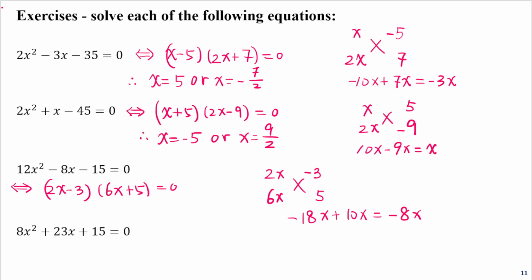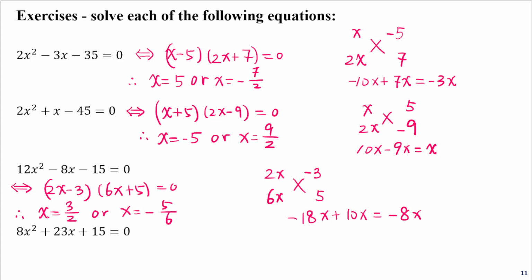So if you expand it, you will get 12x squared plus 10x minus 18x minus 15. Of course, this is the same as the original equation, right? So our factorization is correct here. Therefore, we know the solution is x is either 3 over 2 or x can also be negative 5 over 6. These are the solutions.